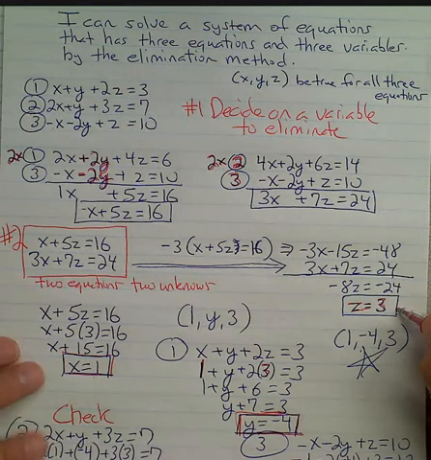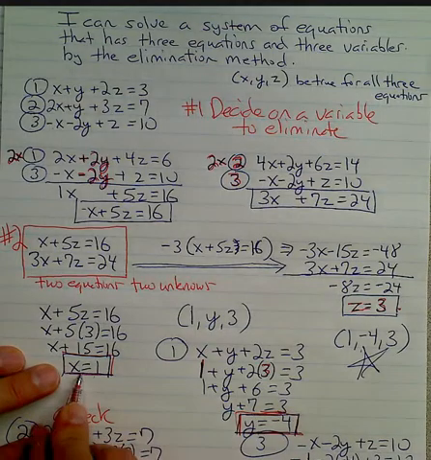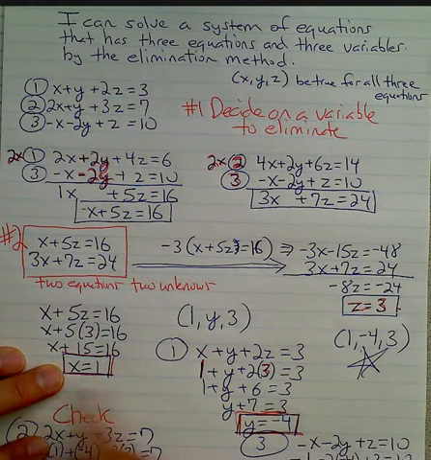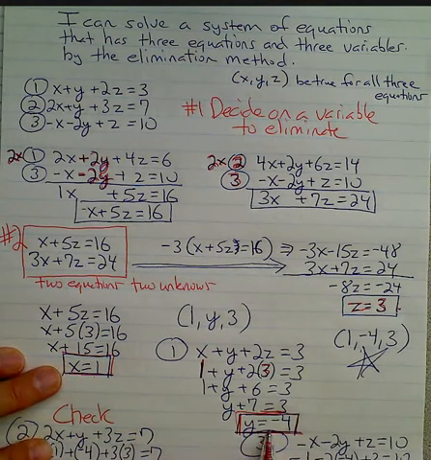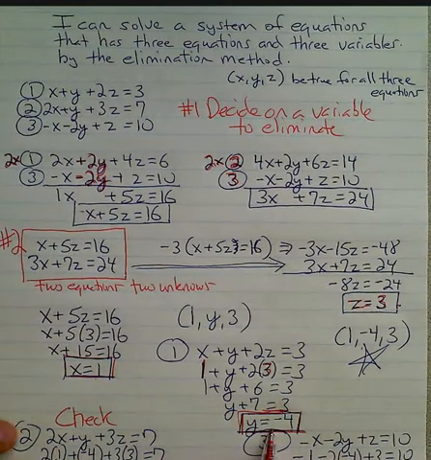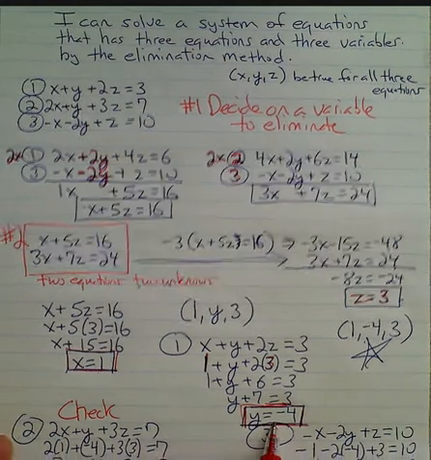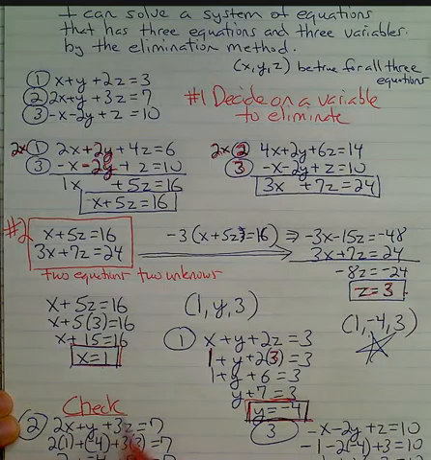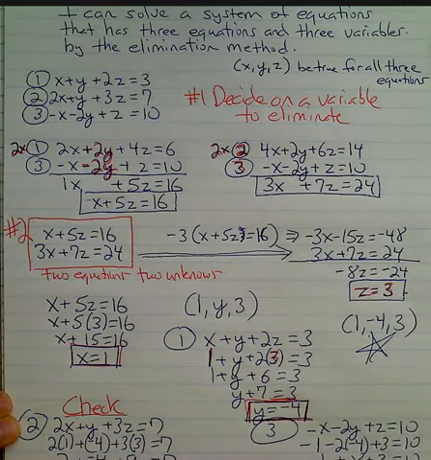Then use substitution to find the value of your second variable, and substitution again to find the value of your third variable. And again, make sure you check that the values work in all of the equations.